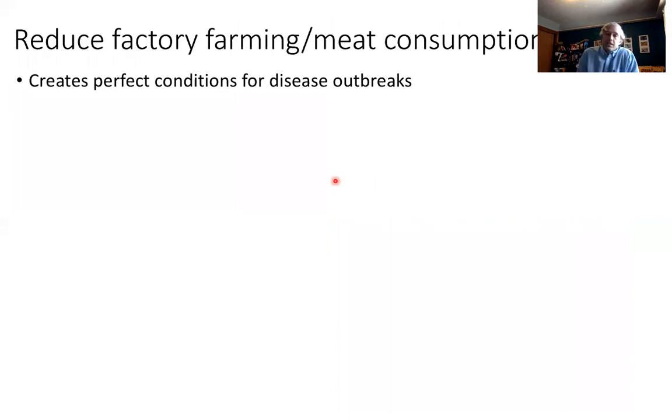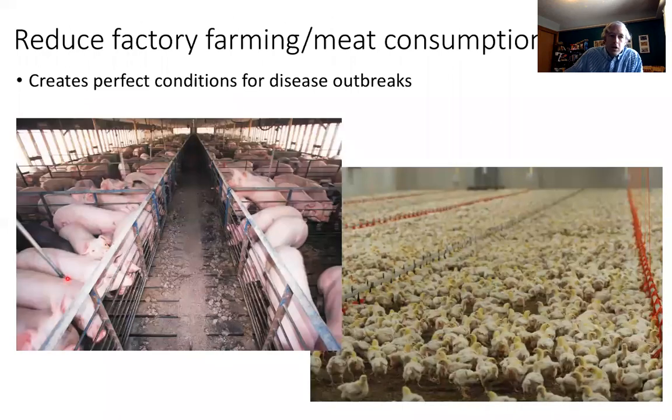One of the big ones that could have a big impact here in the US is reducing factory farming or meat consumption generally. Because factory farms, just like those live animal markets, create perfect conditions for disease outbreaks. Because once again, you've got lots and lots of animals living in very high stress conditions, which reduces their immune system, living in close proximity to each other in difficult conditions, and then they're having contact with people.